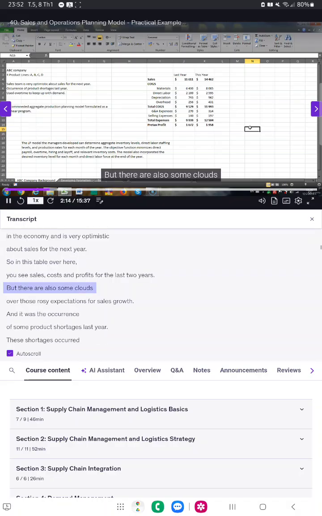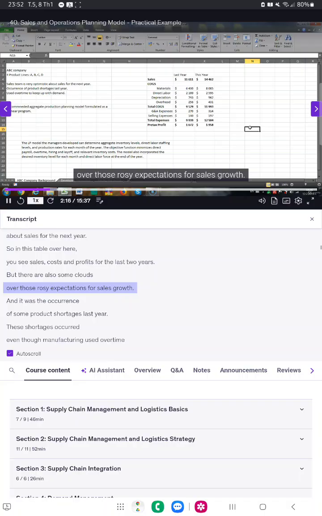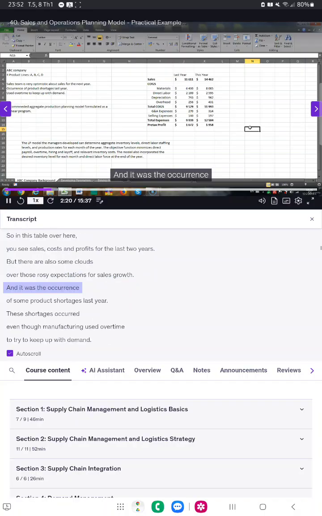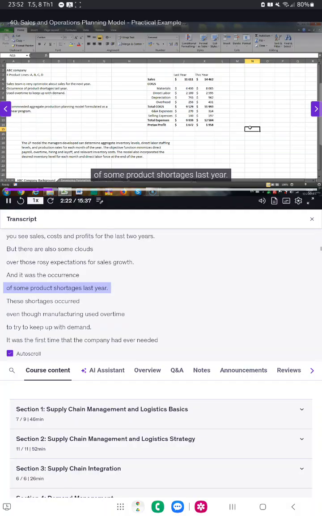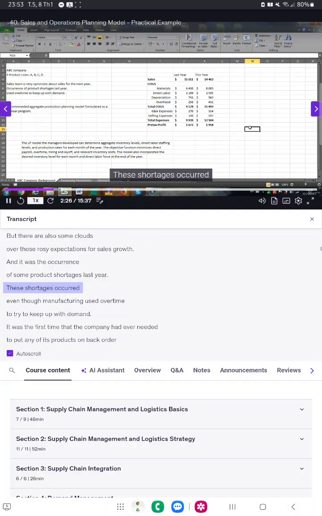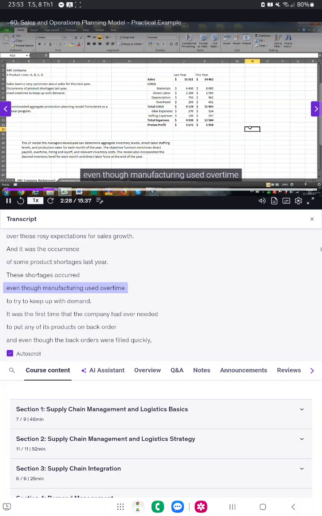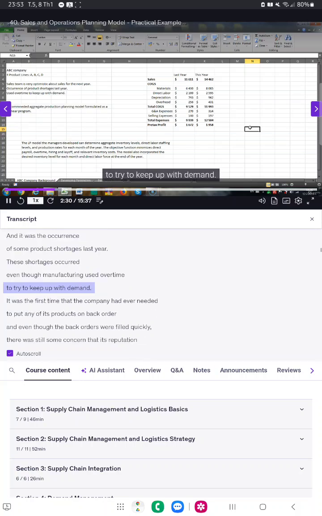But there are also some clouds over those rosy expectations for sales growth, and it was the occurrence of some product shortages last year. These shortages occurred even though manufacturing used overtime to try to keep up with demand.